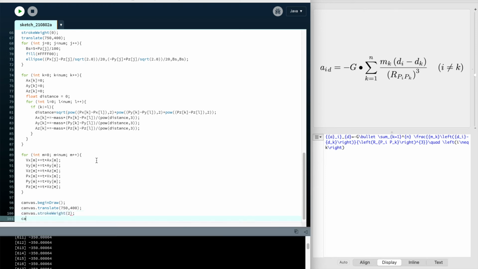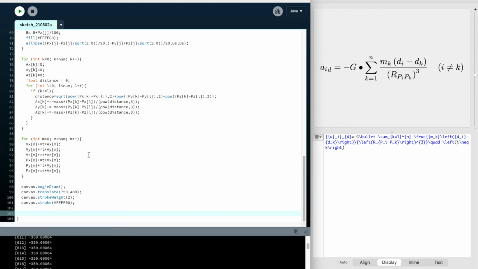Stroke weight is 2, and this is basically tracing the paths that each of our objects make.